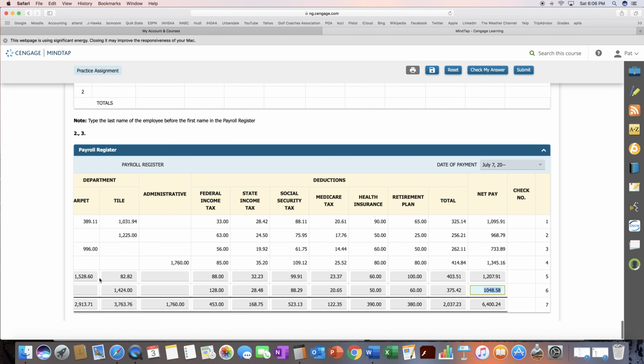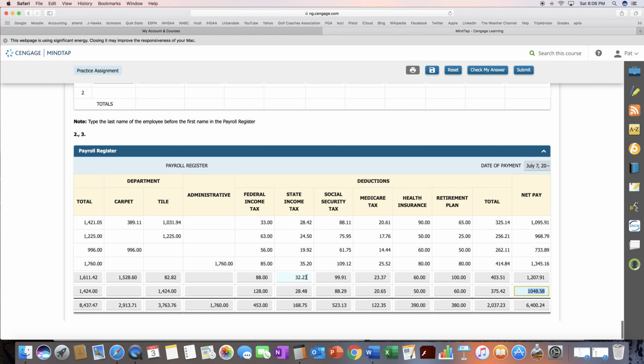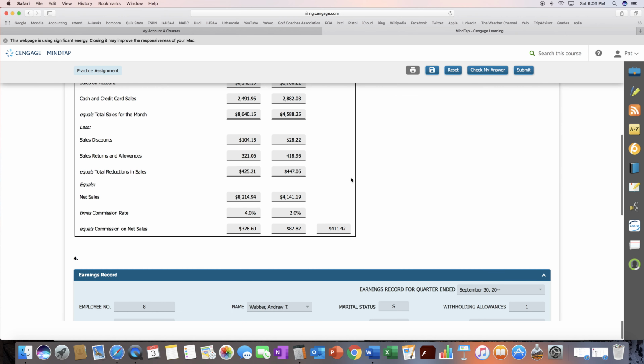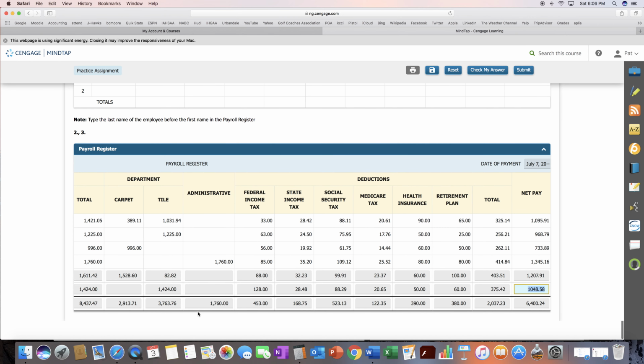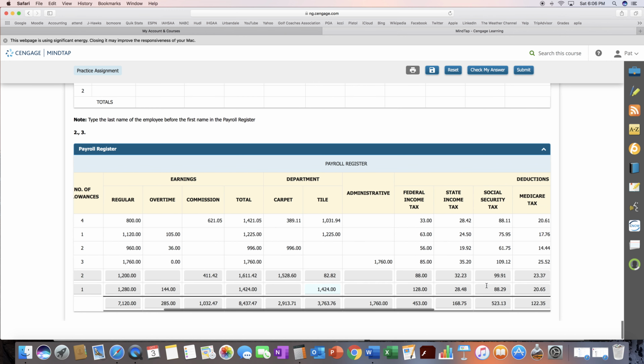And then you just multiply 1,611.42 times all those tax rates to get those. Okay? So those are the next two parts. So we do the commissions record, then you have to figure out each employee, put their employee numbers for merit allowance, regular, overtime, commissions, get their totals, and put them in each department.